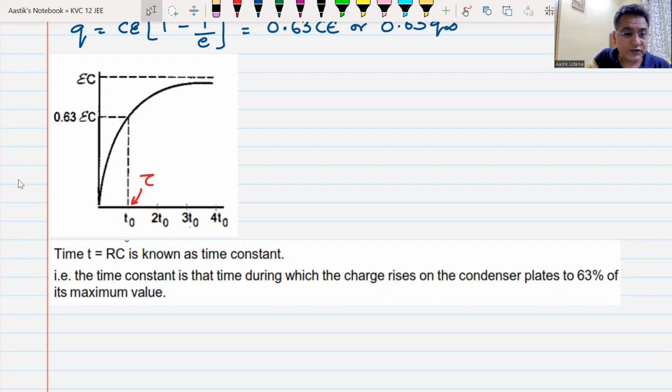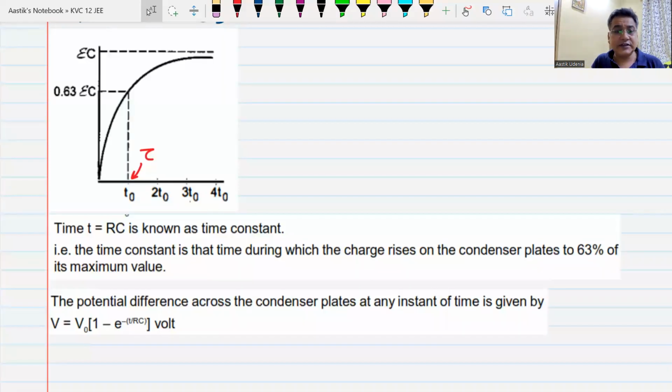Okay. Now, once you have the formula for charge on the capacitor, you can write the potential difference across the capacitor as a function of time. You just divide the equation of charge by C and you will get this formula.